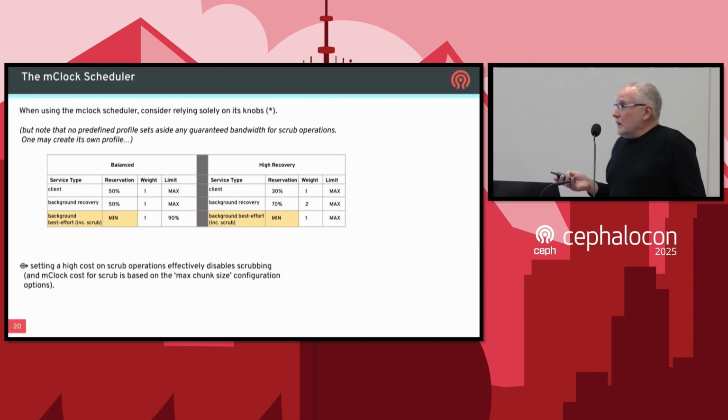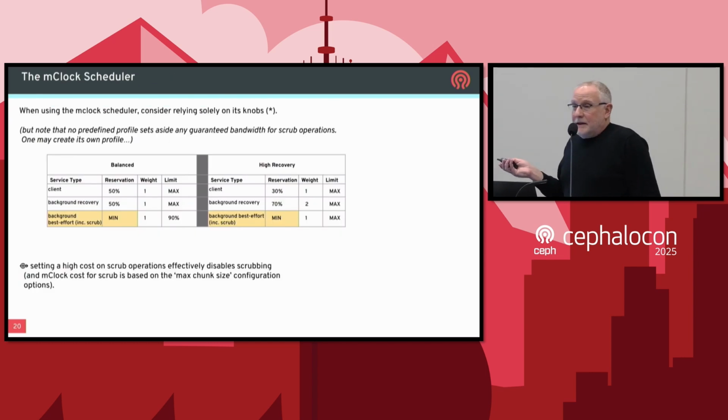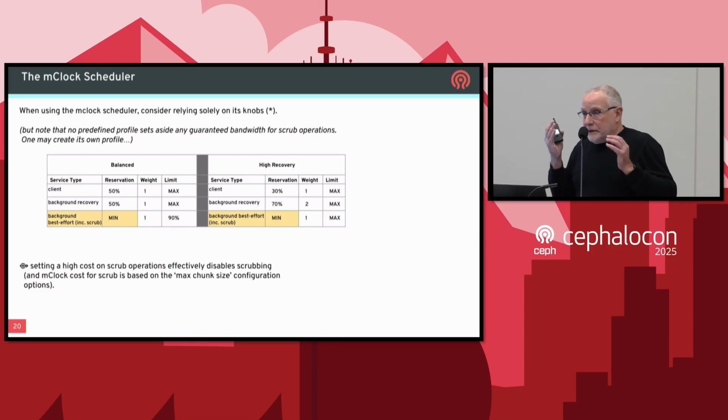Now, this is not my knowledge area, but I was provided with this table. If you're using the mClock scheduler, the mClock scheduler will determine how much resources are dedicated to the scrub.